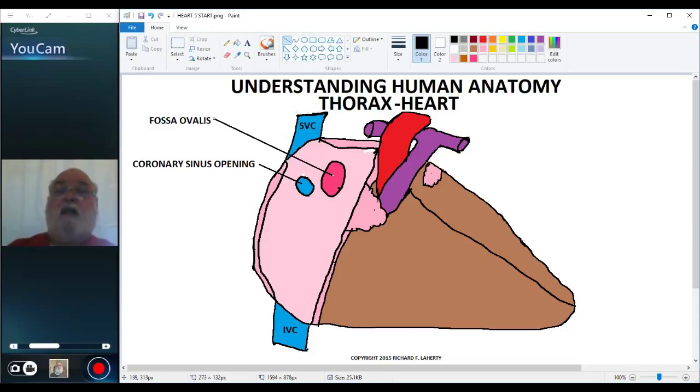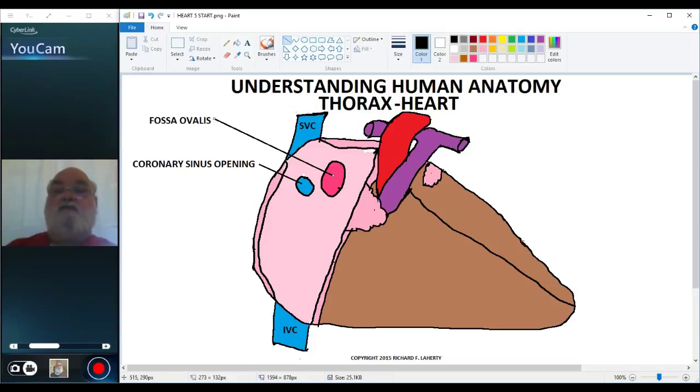And the foramen ovale was a passageway from the right atrium into the left atrium that upon birth is closed off. And when it's closed off, it forms a slight depression on the interatrial septum in the right atrium.